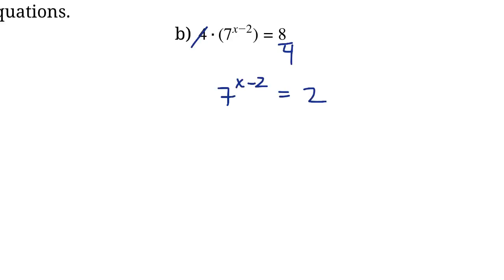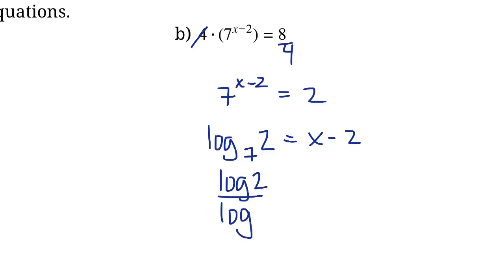There we go. Now we have something that's just a straight up exponential equation, exponential on the left side and a constant on the right side. So we can do the same thing we did for the previous question, right? We can just write this as a log, not too difficult. So it's going to be log with a base of 7 of 2 is equal to x minus 2. And again, using our change of base formula here, log of 2 over log of 7 is going to give us x minus 2.